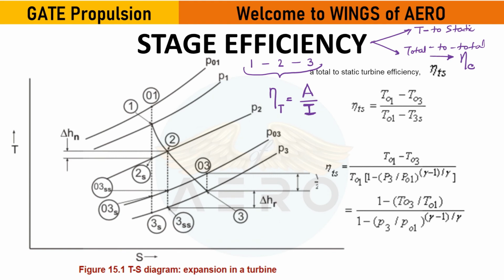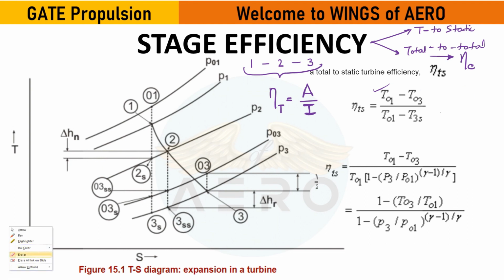So we get a formula like this: actual, that is T03 minus T01. Okay, here they have written T01 first because the T01 temperature will be more as compared with T03.